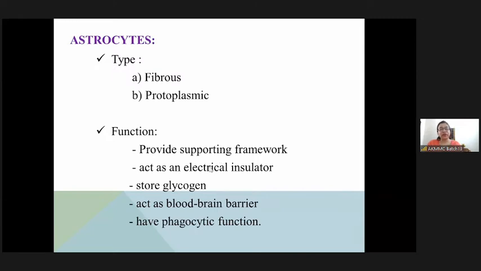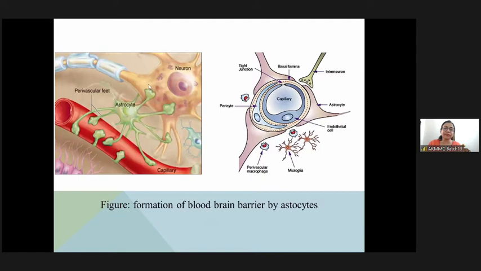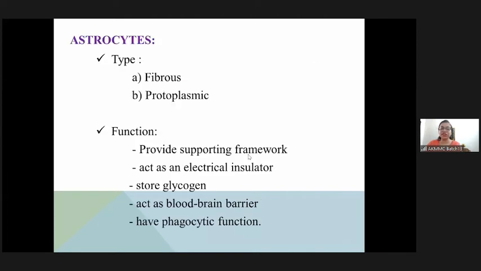This astrocyte will also cover some areas of the neuron and act as an electrical insulator. Can you see any process coming from this astrocyte? Yes, ma'am. Did you see what it is doing? It has covered this area, isn't it? Astrocytes are like this everywhere because they form a frame on which the neurons sit. So it covers, and as a result of the covering, it works as an electrical insulator.